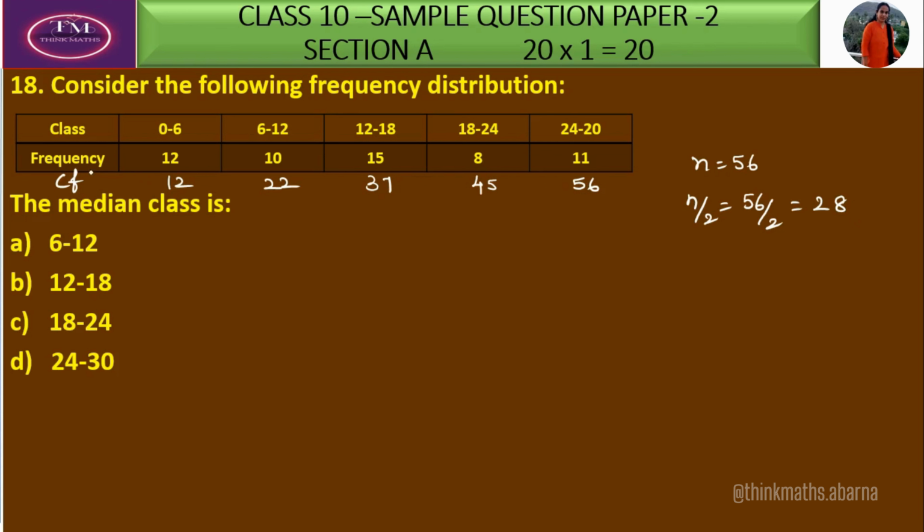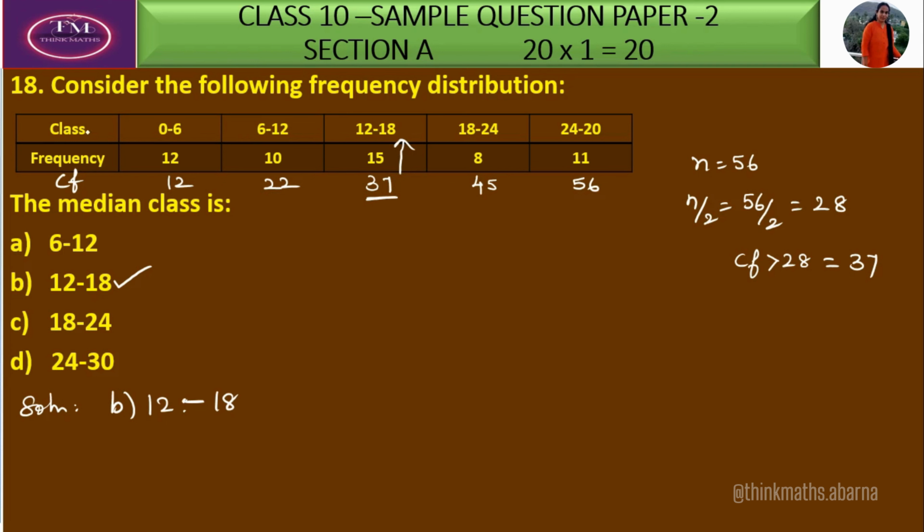Which cumulative frequency is greater than 28? So the first number is 37. So that will be the median class. So 12 to 18 will be the median class for this question. So the solution is B, 12 to 18.